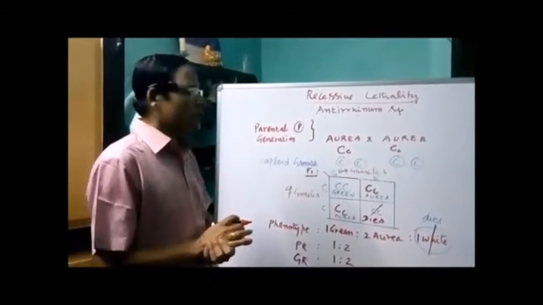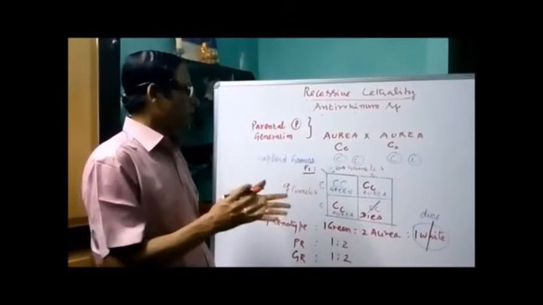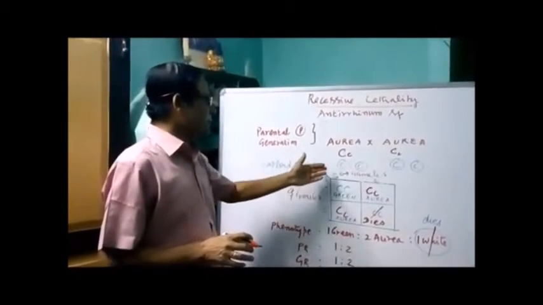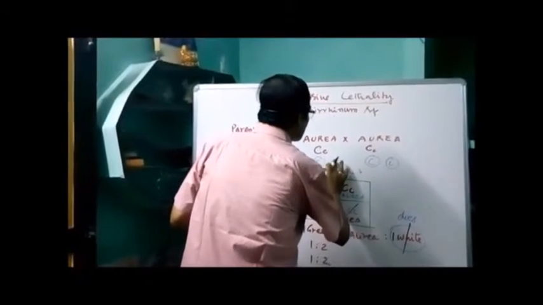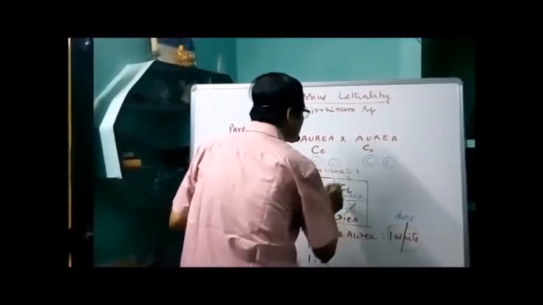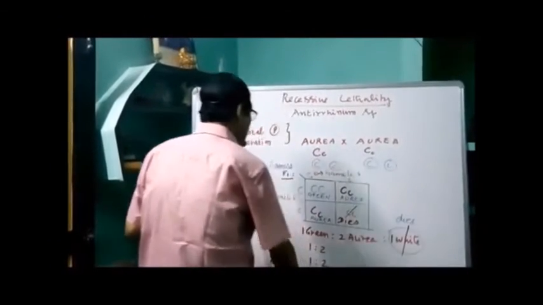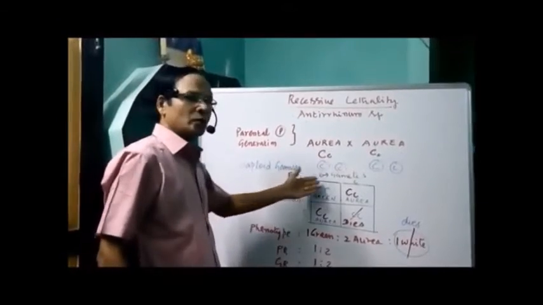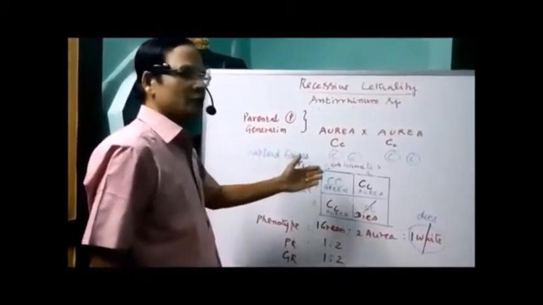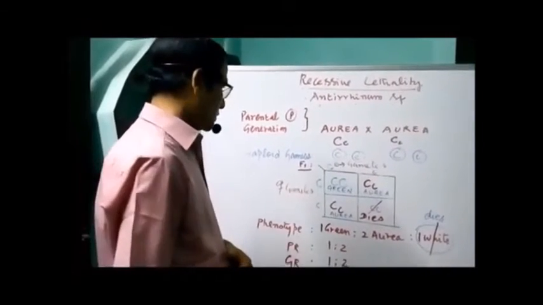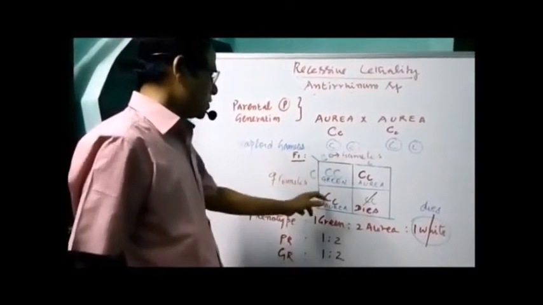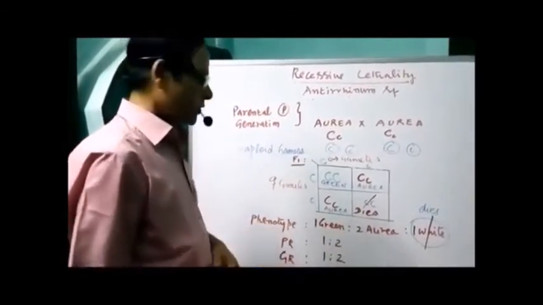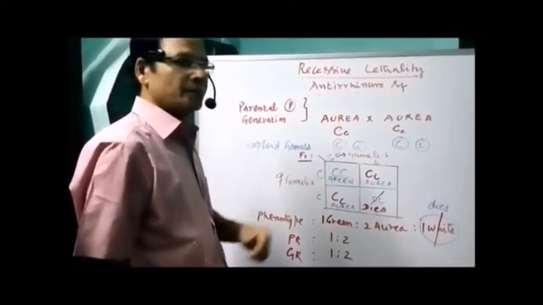When these two individuals are self-crossed, male and female, we get gametes, 50% with capital C and 50% with small c, in both the individuals. Because of random combination, we get the F2 generation with the following individuals: one green, homozygous dominant, two aurea, the heterozygous individuals, and one white.